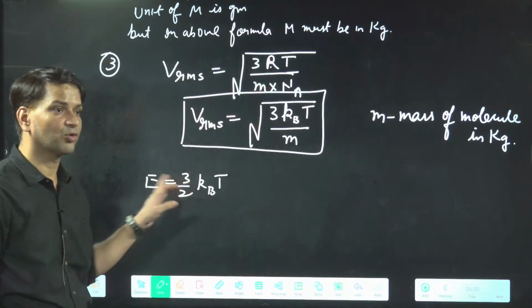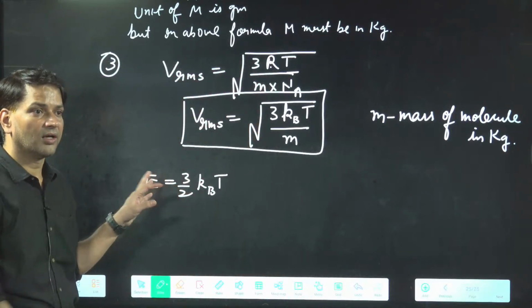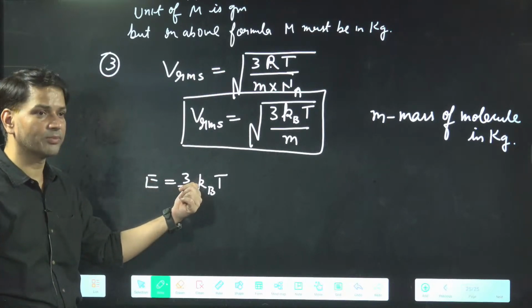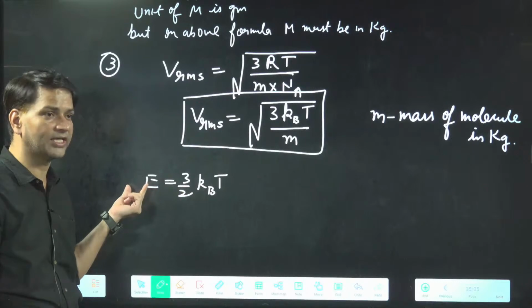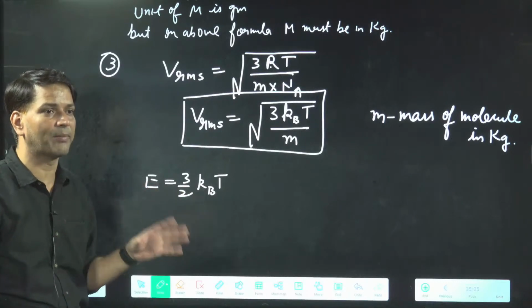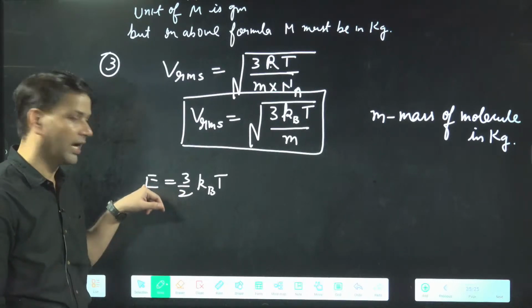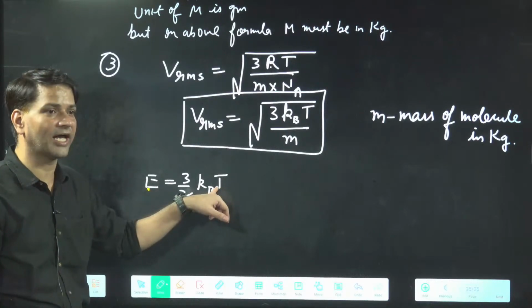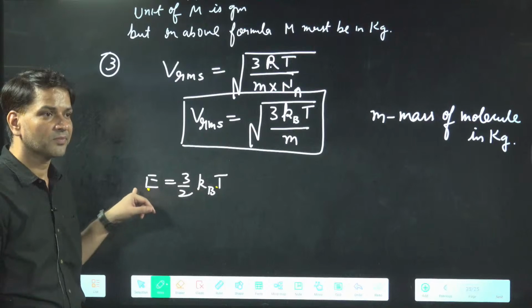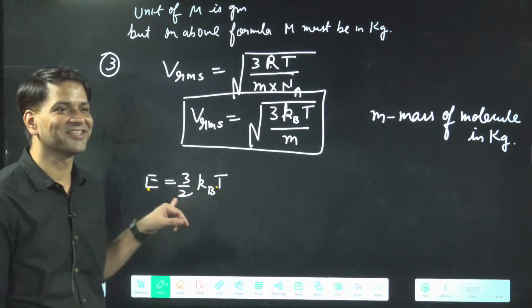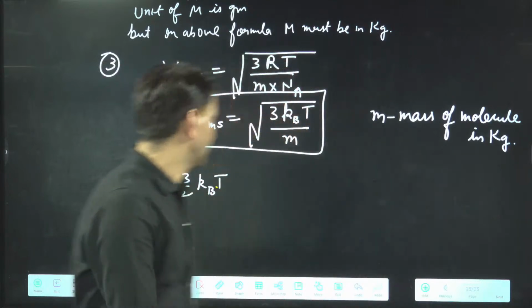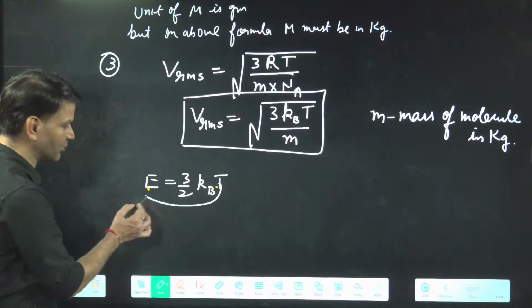Maybe sir will discuss one question based on this also. Now kB is the Boltzmann constant, 3 by 2 is a constant, and E is the energy. Energy dimension is ML2 T minus 2. This is not the time, this is the temperature. So K, what will you get? T will come down.